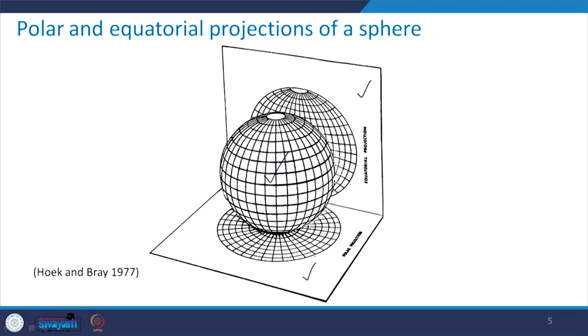This vertical plane is called the equatorial plane, and the projection on it is called the equatorial projection. When we have its projection on the horizontal plane, this is called the polar projection.